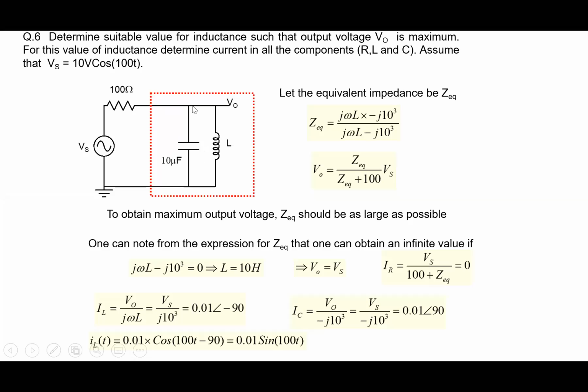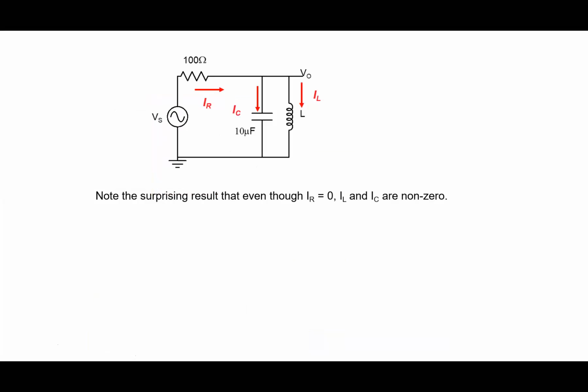Of course, there's no violation anywhere in KCL or KVL or any of those things, except that the notion that we carry because of our earlier exposure to resistive circuits, our earlier notions of voltage division and current division, they interfere with these new things that we see here, right? Okay. All right, so that's question number 6. So that's IR is 0, IC and IL are non-zero.